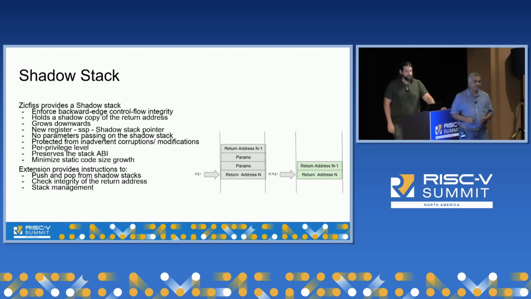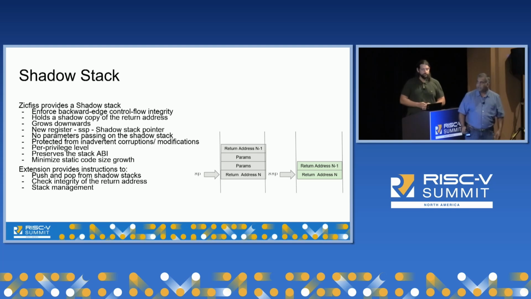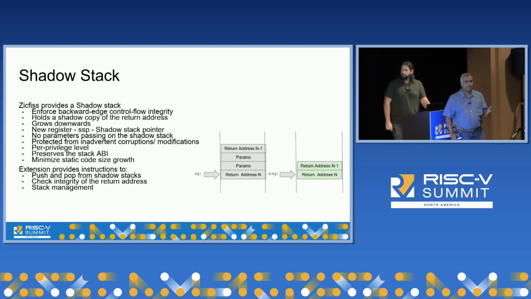That guards against inadvertent corruption of the shadow stack or the shadow return addresses that are held. We support turning on shadow stacks per privilege level, which also implies that your kernel can turn it on for itself, it can turn it on for the application, and it can context switch so that some applications may have shadow stacks enabled, others may not. So it allows you to mix and match and enable them in a gradual manner.